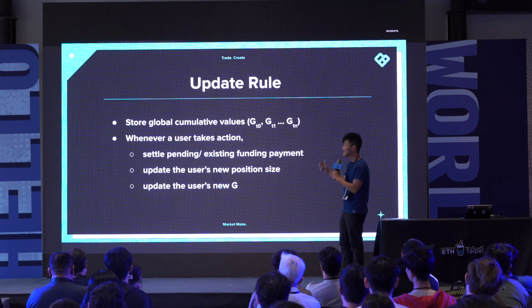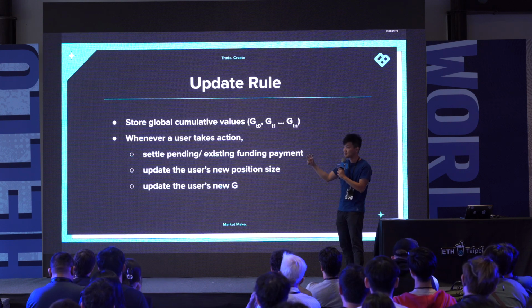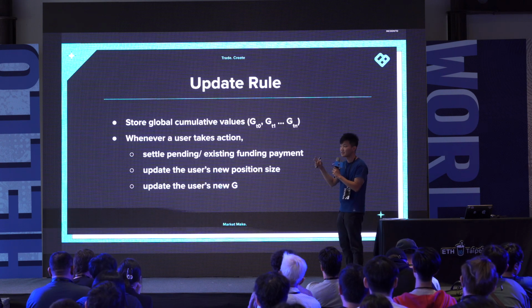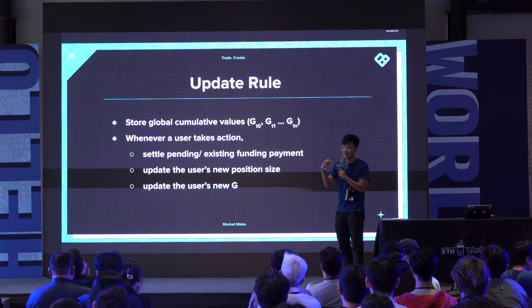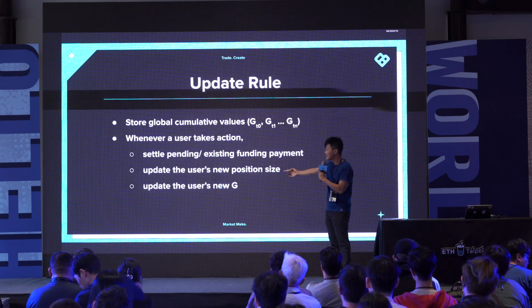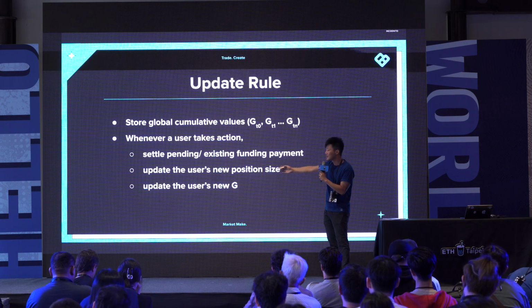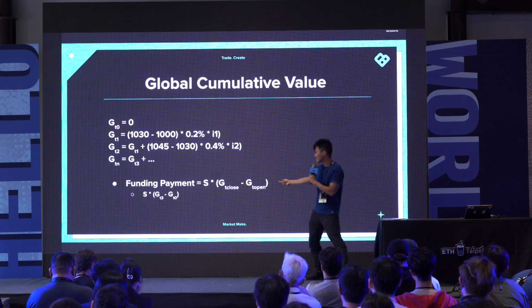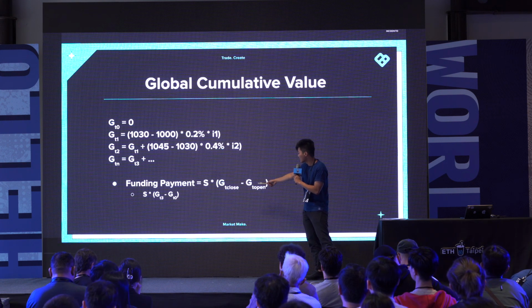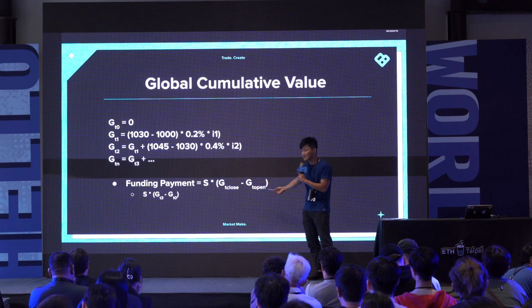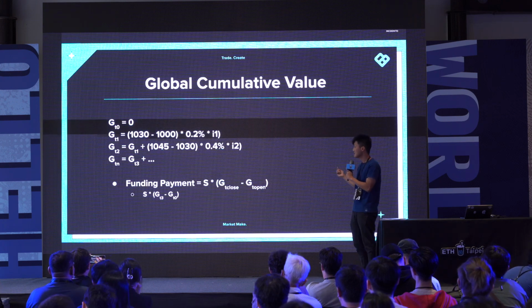So I have to settle their funding payment to 0 because they want to update the position size. Then we can update the new position size and the new global cumulative value, because remember that we always need the global cumulative value when the position is open or updated.